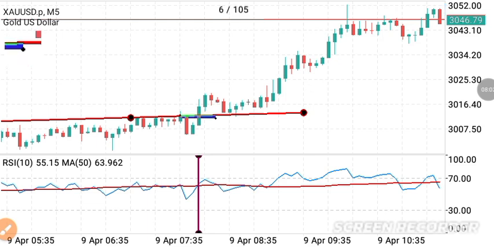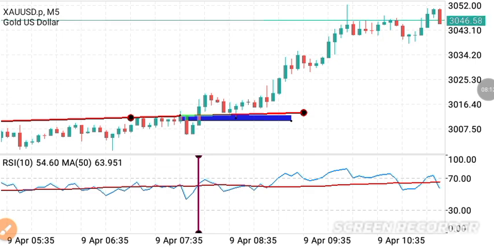So we are going to enter at a lower price using our strategy model. We enter the market at this point where you can see the gray line, because that is where the breaker block formed.